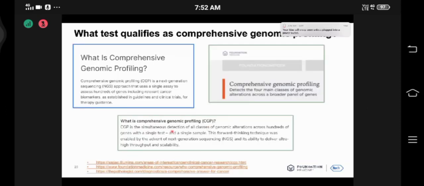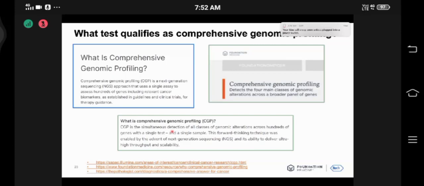So if somebody asks, what is CGP? There are different definitions. CGP is a next generation sequencing approach that uses a single assay to assess hundreds of genes. That is the most important thing, including relevant cancer biomarkers as established in guidelines or clinical trials for therapy guidance.